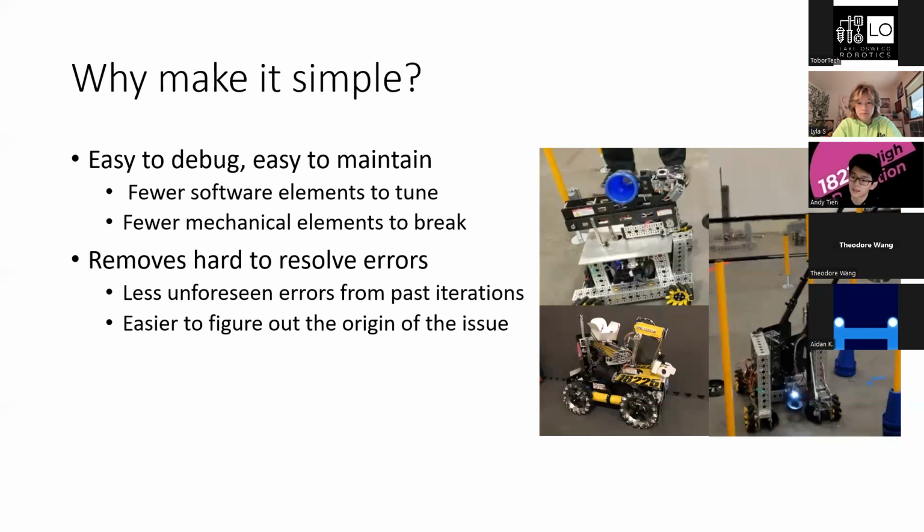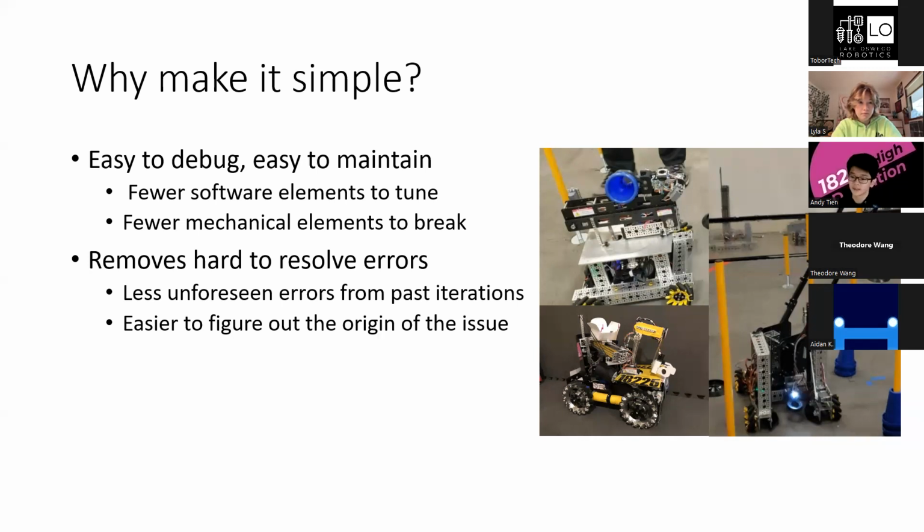In a more complicated robot, there are many different points of failure, and sometimes there are points of failure that not even the designer has considered before. So by keeping the modules simple and compact, you basically minimize the points of failure. Even if something were to go wrong, you'd have an easier time troubleshooting.